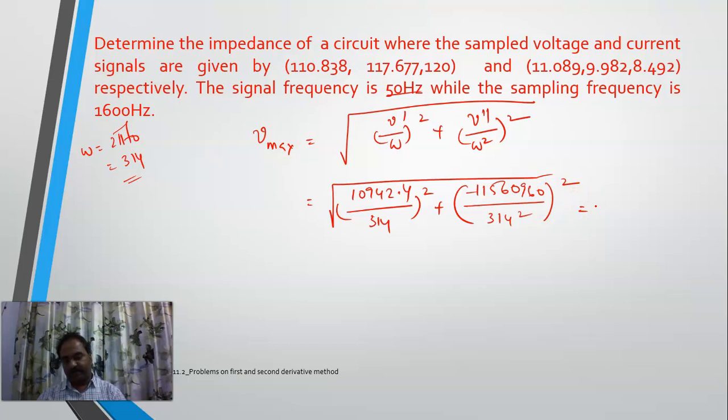Let us try to calculate it now. If I calculate it, I am getting around 324 volts.